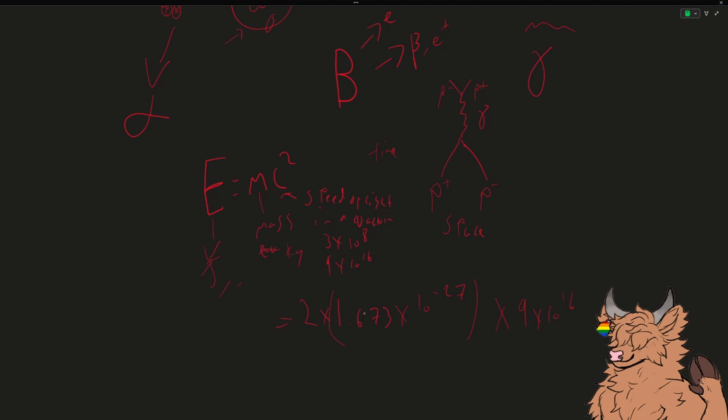This can also be in electron volts. Sorry, it's a Sunday as I'm recording this. I'm going to make a couple of mistakes because it is a Sunday. But we get 3.011 times 10 to the negative 10 joules. And so we want to convert that into electron volts.